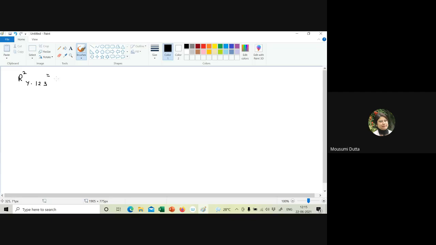Capital R square y dot 123. This is the first question.